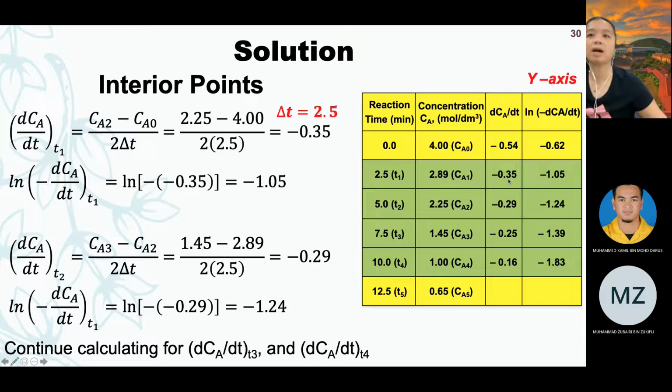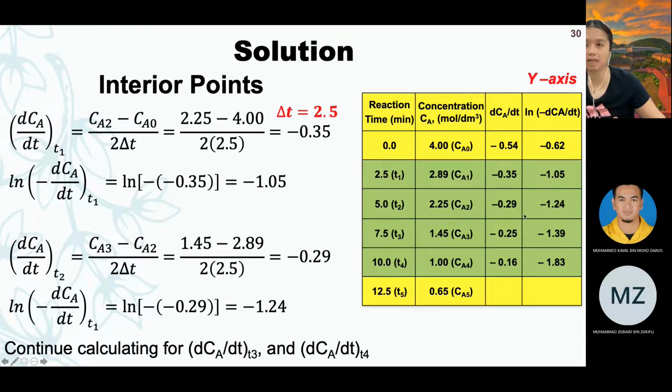Second row, maka dCA per dt sama dengan kamu ambil kepekatan selepas dia 2.25, you minus the concentration before it, 4. So 2.25 minus 4 divided by 2 delta T, 2 times 2.5.